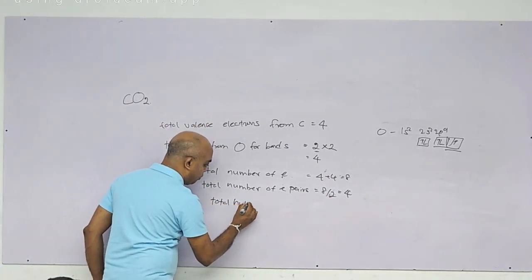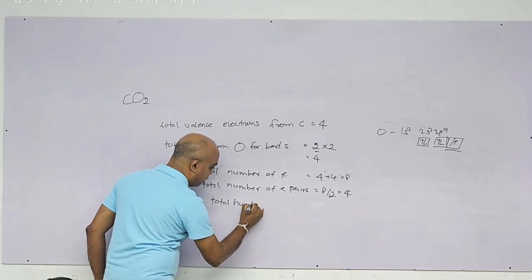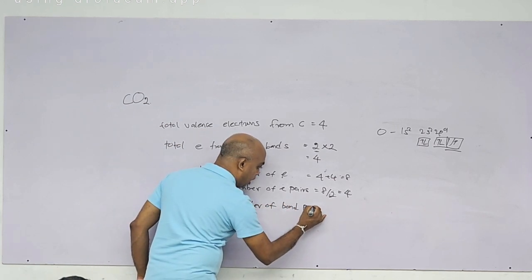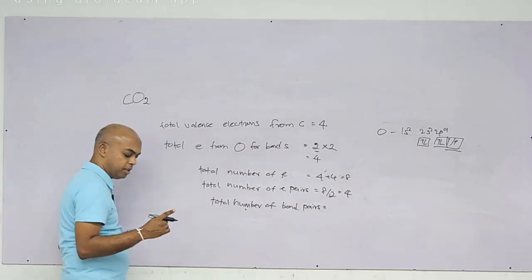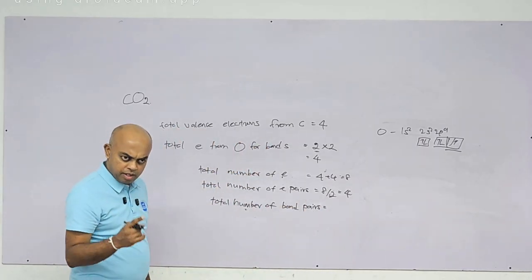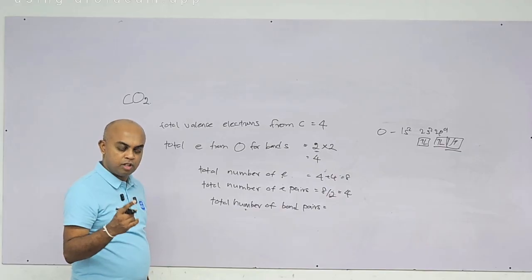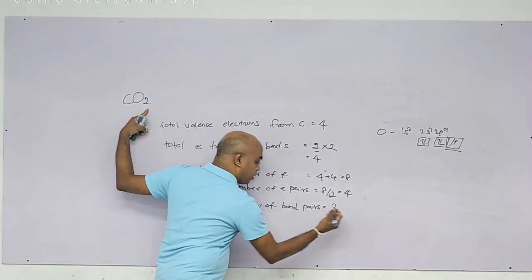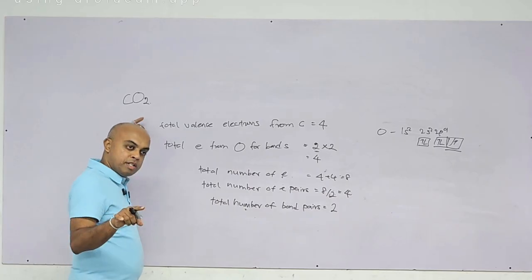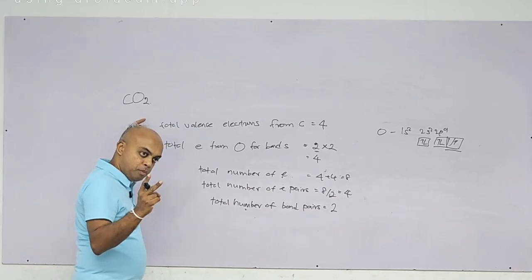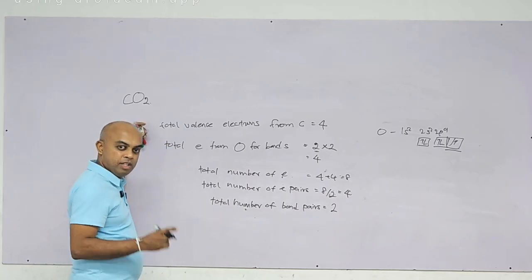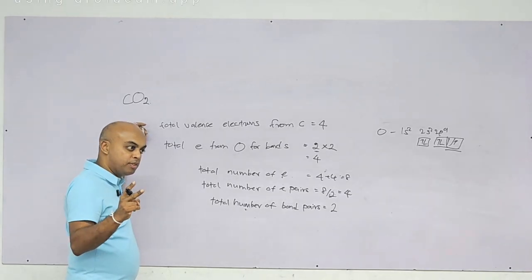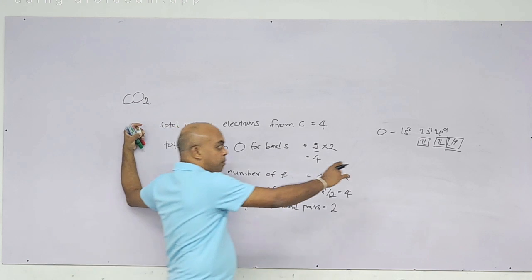Total number of bond pairs, I told you bond pairs are decided based on the number of terminal atoms. Number of terminal atoms is 2. But each oxygen atom will consume 2 bond pairs, because oxygen must create 2 bonds because it has 2 unpaired electrons.